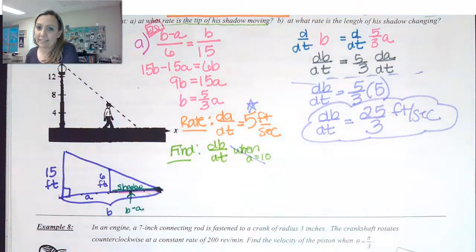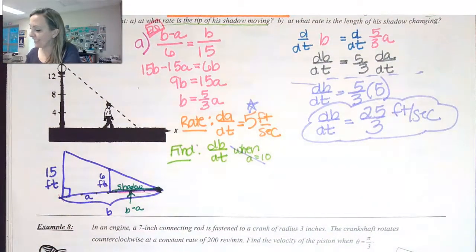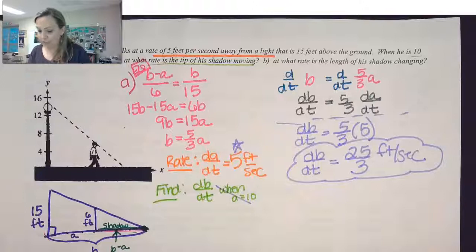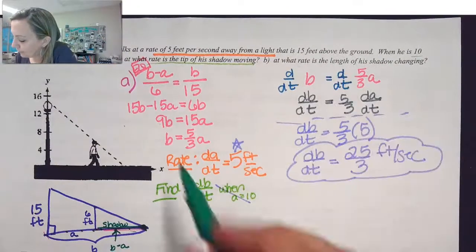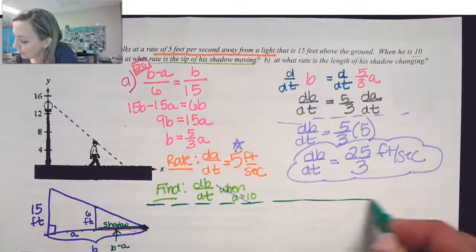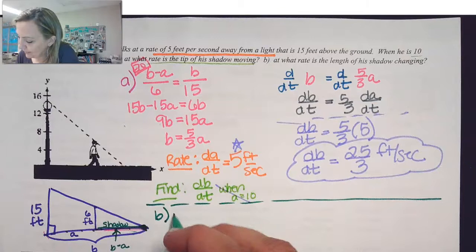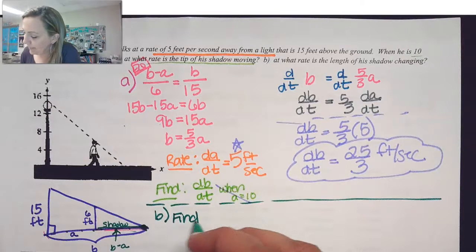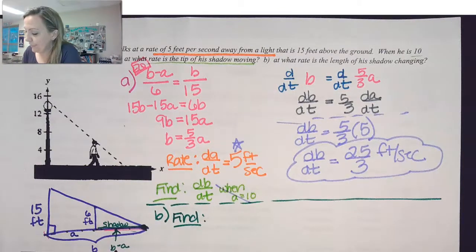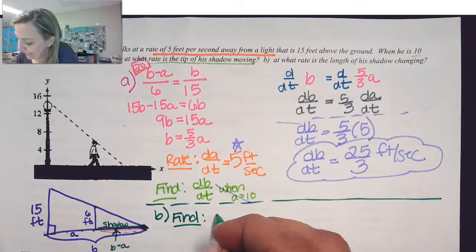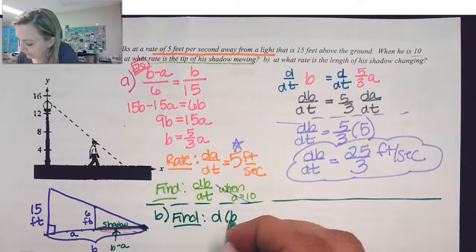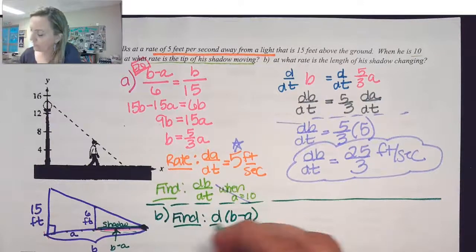The next thing it asks is at what rate is the length of his shadow changing? So in letter B, we still have the same information, but this time it's asking us to find when the length of the shadow, which is B minus A, is changing.